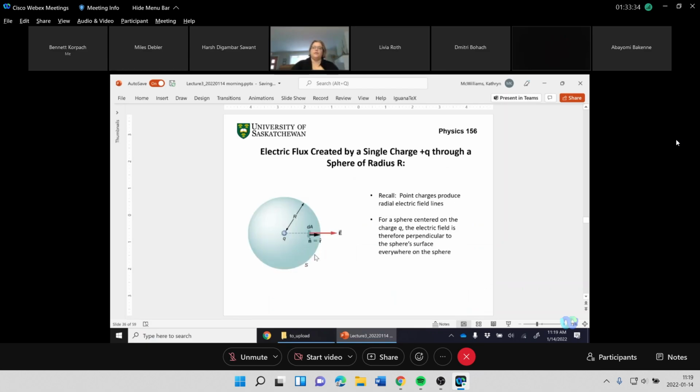If we want to figure out the electric flux due to a point charge Q, we can put a sphere, of radius capital R, around it, and we basically want to count the number of field lines passing through this sphere.